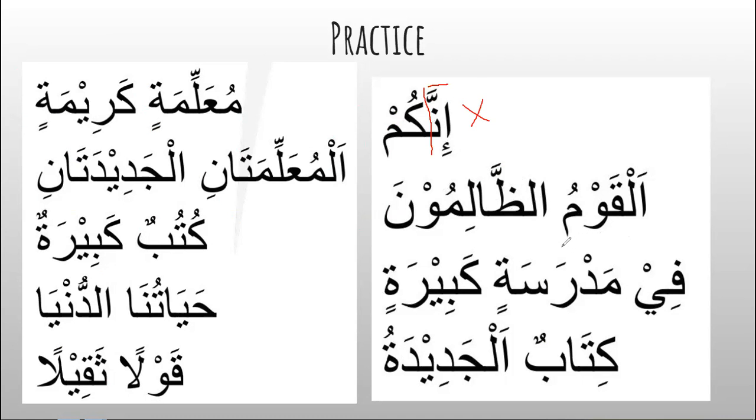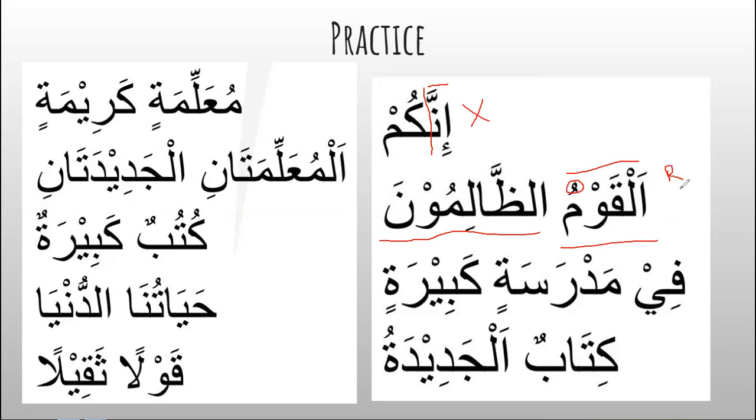Okay. Al-Qawmu Zalimuna. Let's consider this. Is it a Mawsuf Sifa? To prove that, we have to first identify all four properties of Qawmun and all four properties of Az-Zalimuna. So Qawmun is Rafa. We can see the U ending.